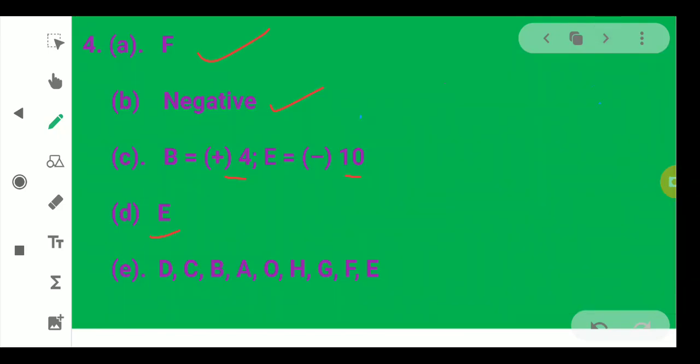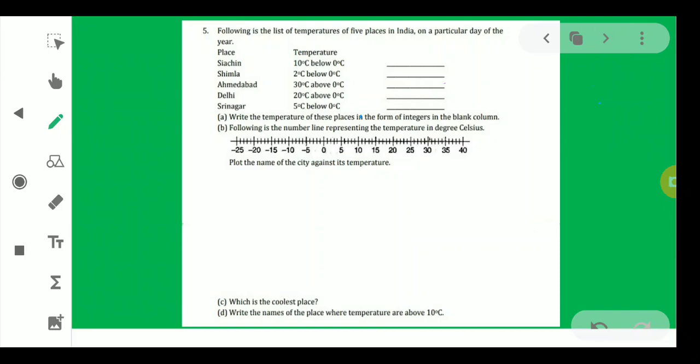So starting from D we will move towards the downward direction and we will get the order in the descending manner. The next is the following list of the temperature of 5 places in India on a particular day of year. Now we can see the temperature of some cities of India on a particular day. It is given in words, like Siachen, it is 10 degrees Celsius below 0 degree. Shimla 2 degree below 0 degree Celsius. Now we keep the 0 degree as the standard.